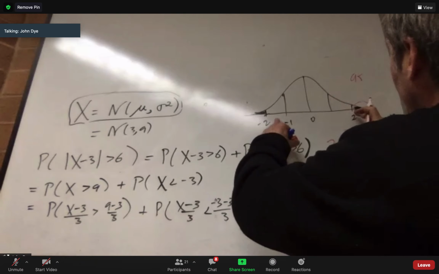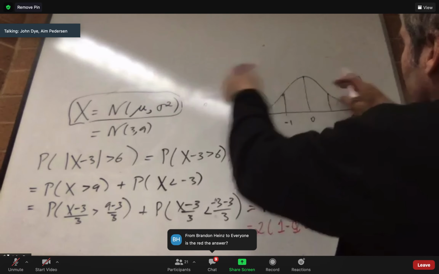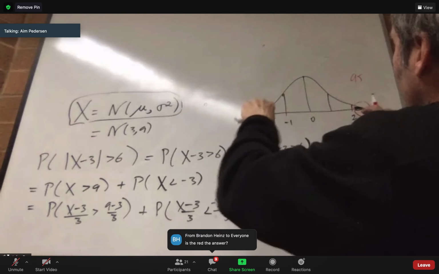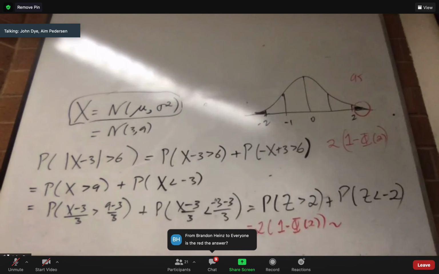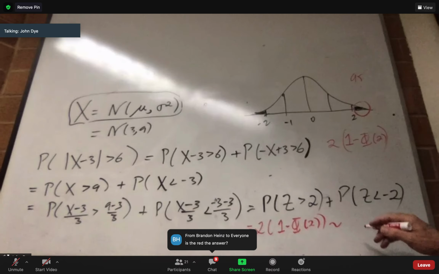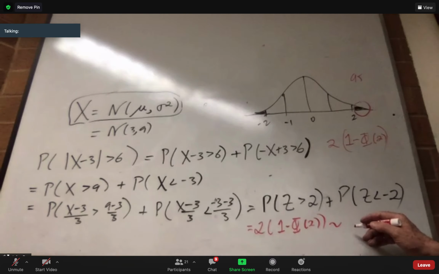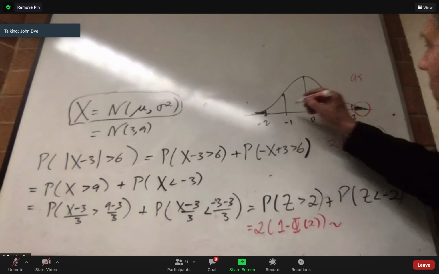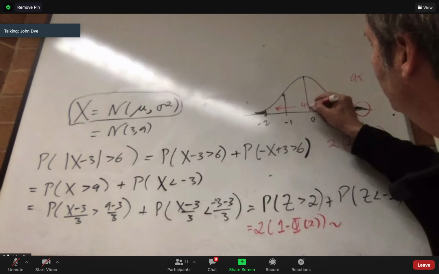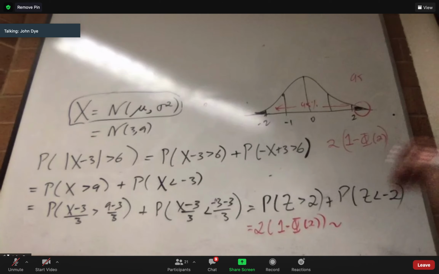Right, but I'm supposed to evaluate phi of 2. Oh, so you're taking the whole thing minus... Yeah. So 95%, 1 minus 95%, so 5%. Right, because by the rule, this is about 95%, and we're talking about everything else. So your answer is 5%, right?